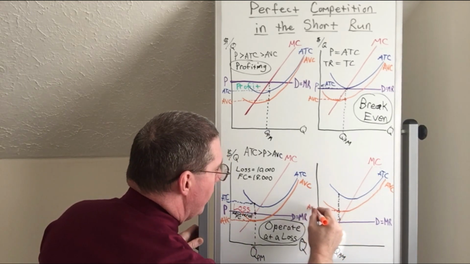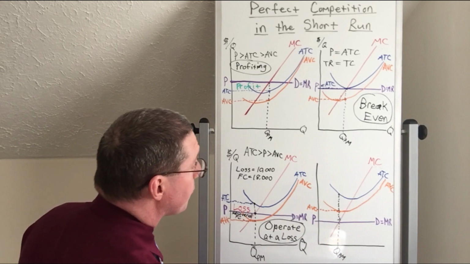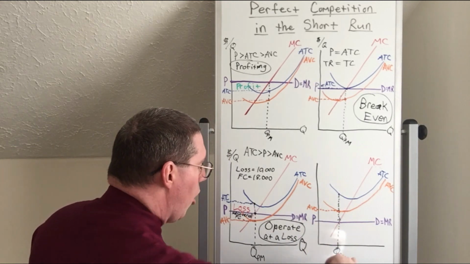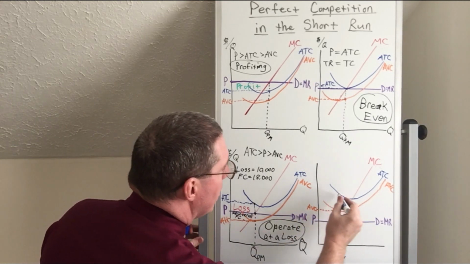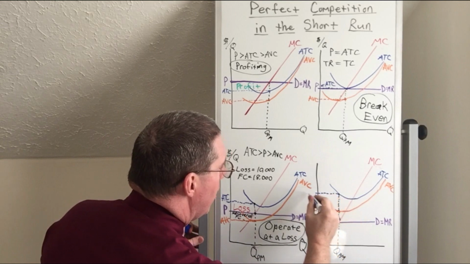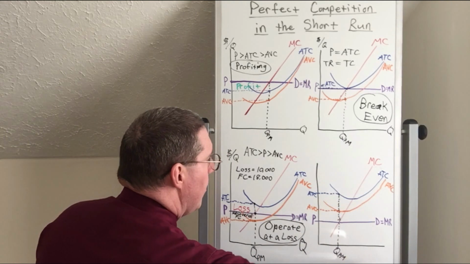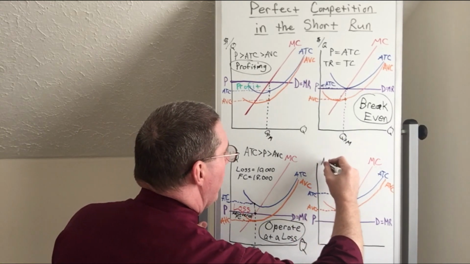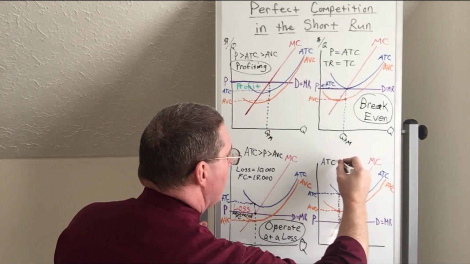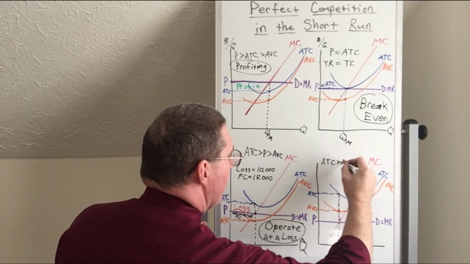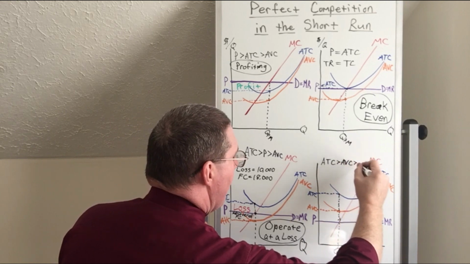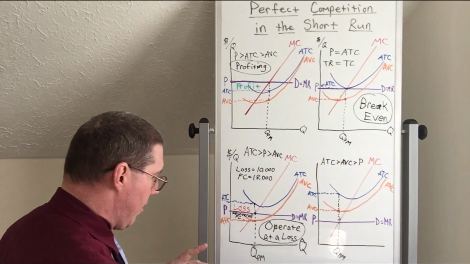Okay, A, B, C. And then our average total cost is all the way up here. Average total cost. Okay. And so now we have a situation where average total cost, of course, is greater than average variable cost, but average variable cost is also greater than price.